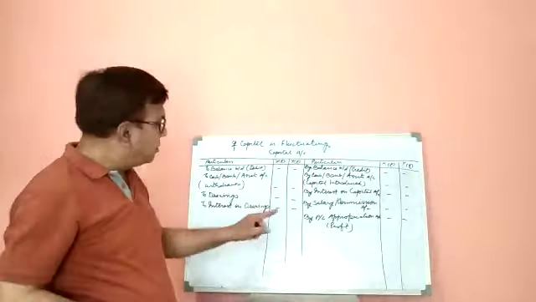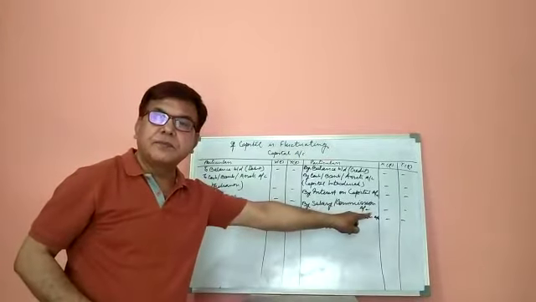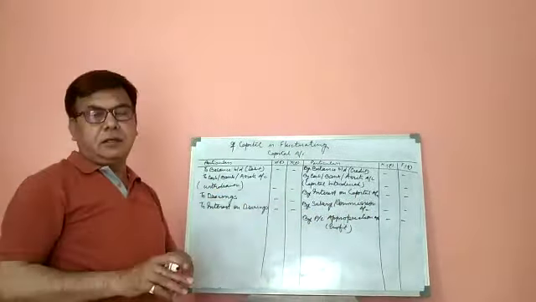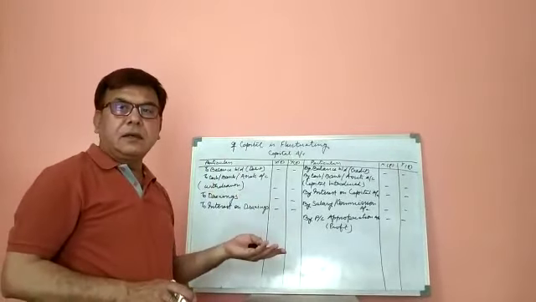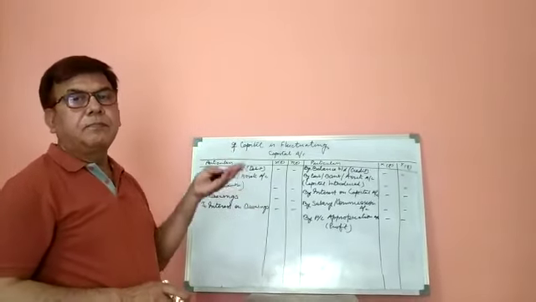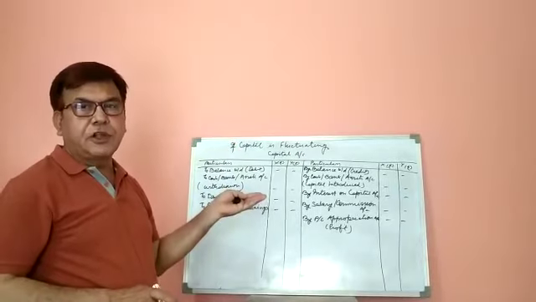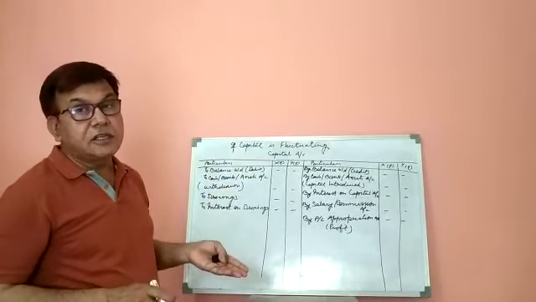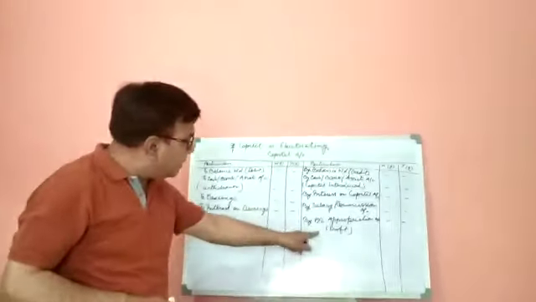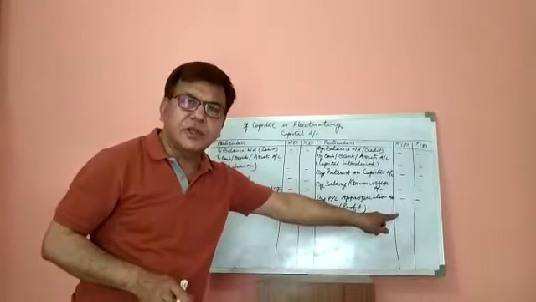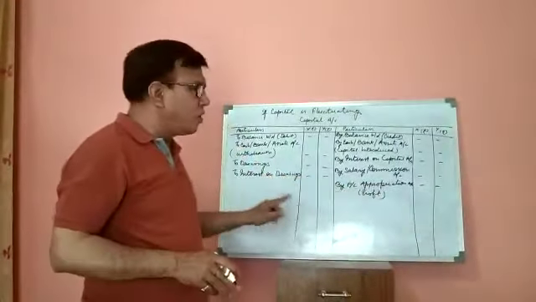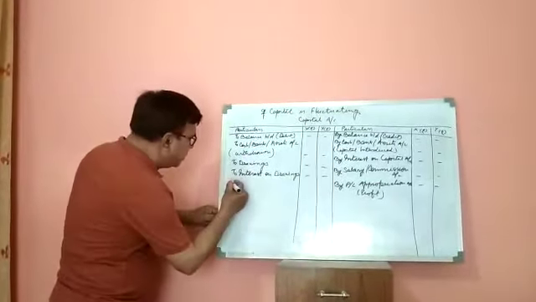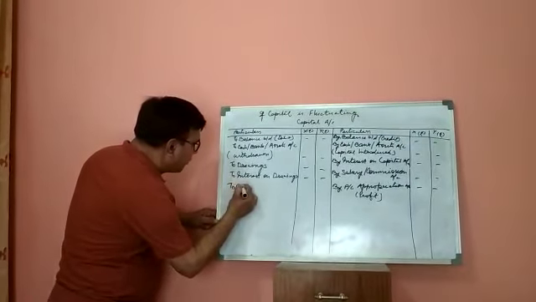How will you show? By salary or commission. For share in the profit, again, what we used to do? Profit and loss appropriation account debit to partner's capital account. So by profit and loss appropriation account. In case there is a loss, we will write this side to profit and loss appropriation account.